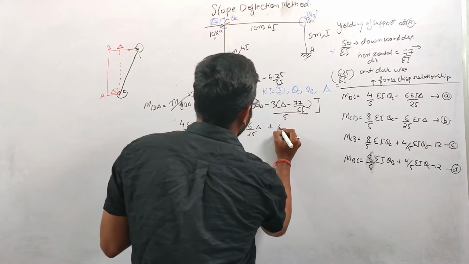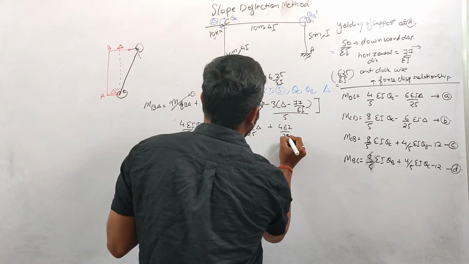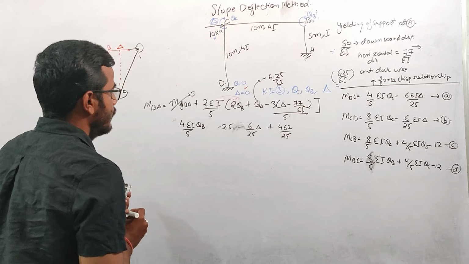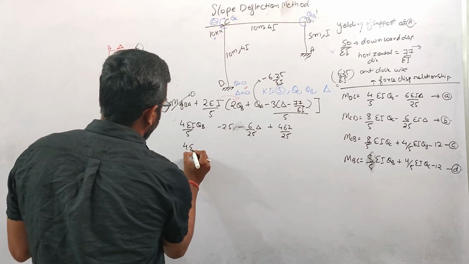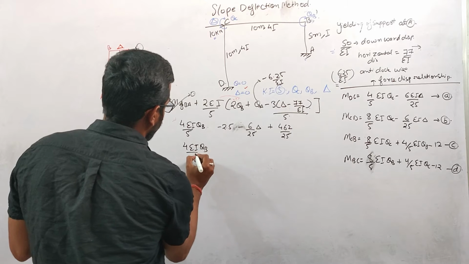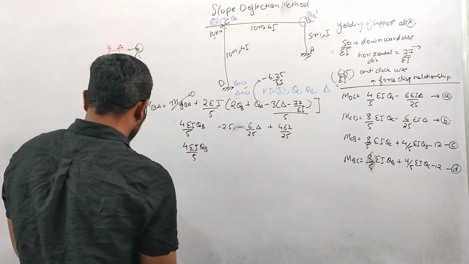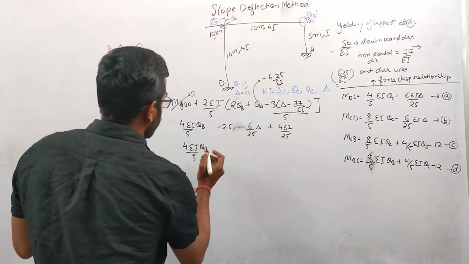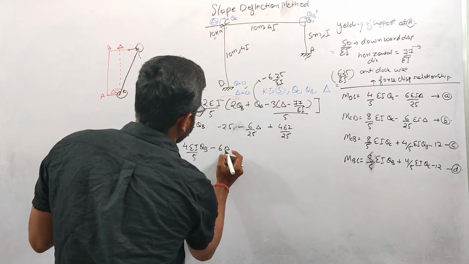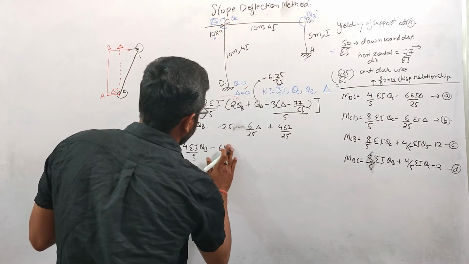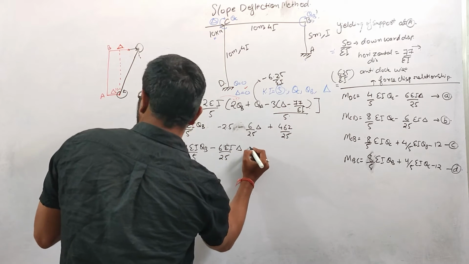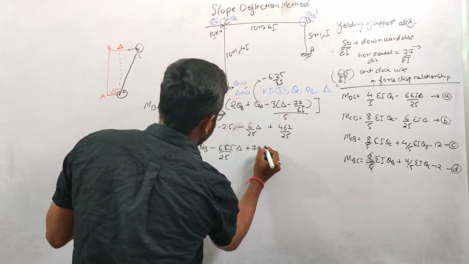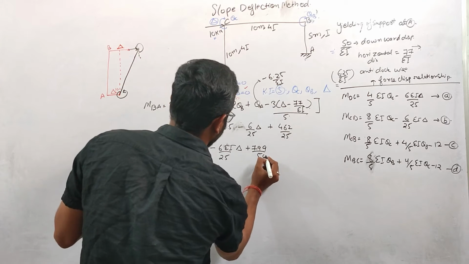So this is nothing but 462 divided by 25, right? So this value becomes 4 EI theta B over 5 minus 2.5, minus 6 EI delta over 25, then plus 799 over 50.